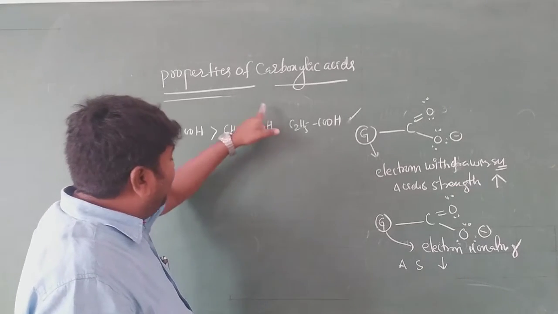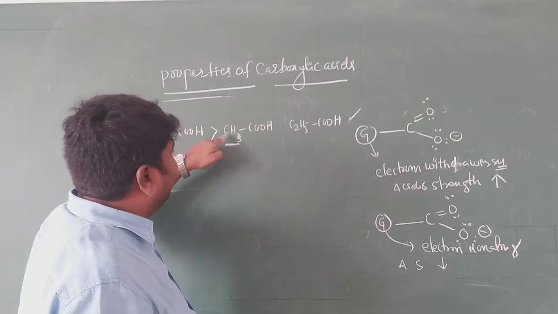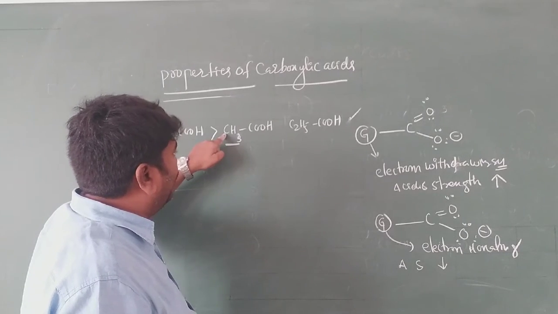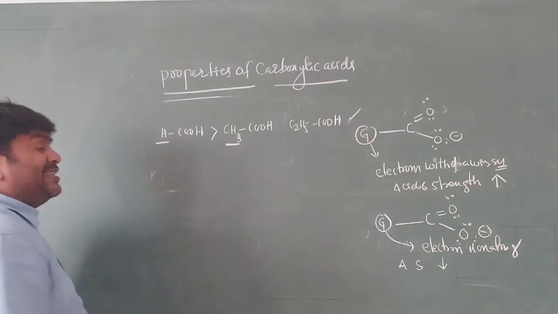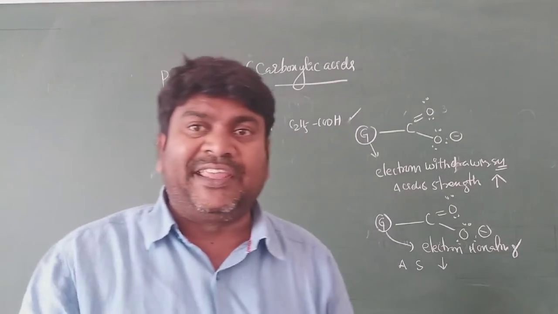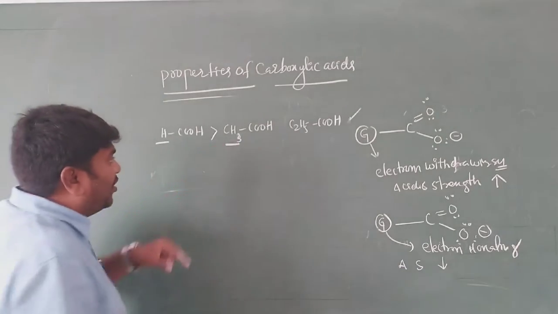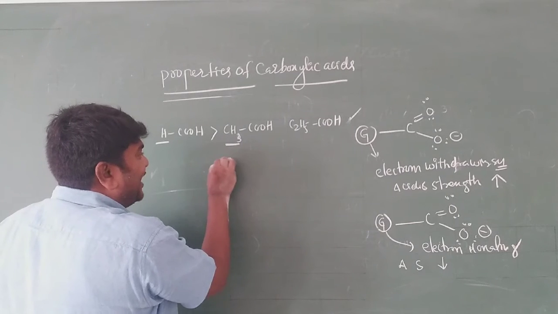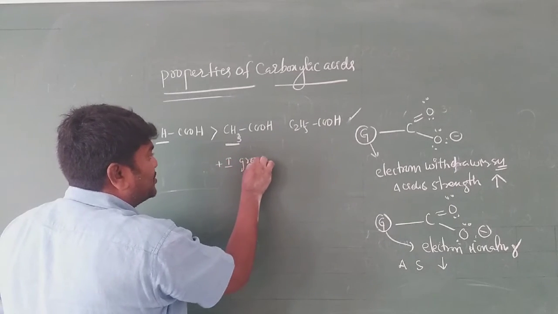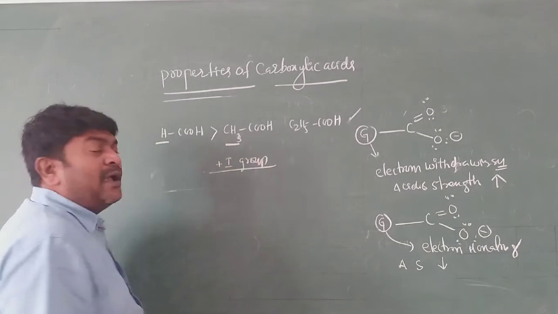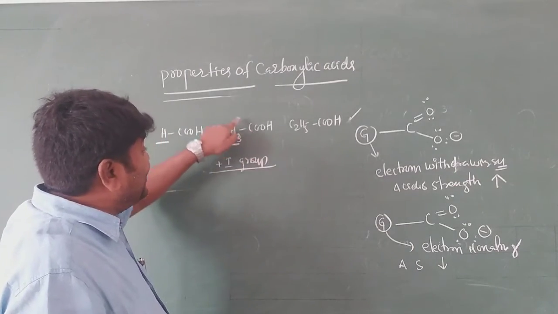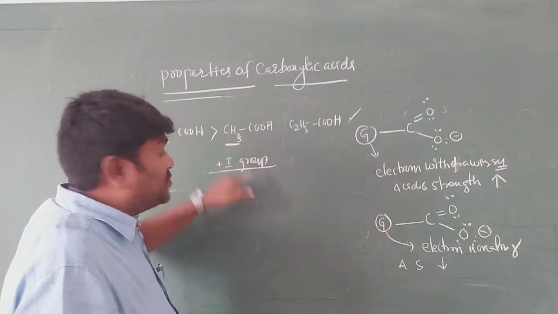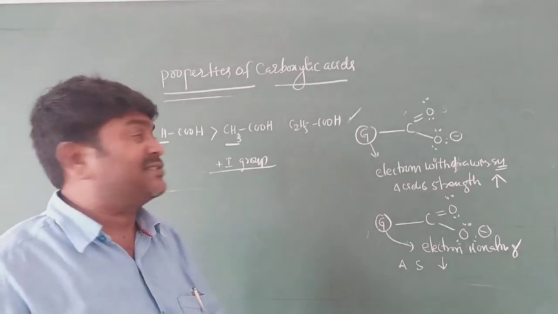If a carboxylic acid contains an electron donating group, acidic strength decreases. In H, there is no donating, there is no withdrawing. So these are plus I effect groups, that is, positive inductive effect groups. If an acid contains plus I effect groups, acidic strength decreases.